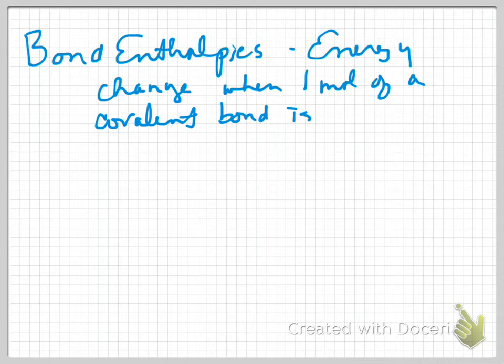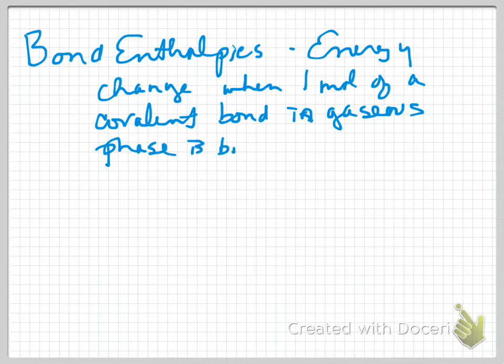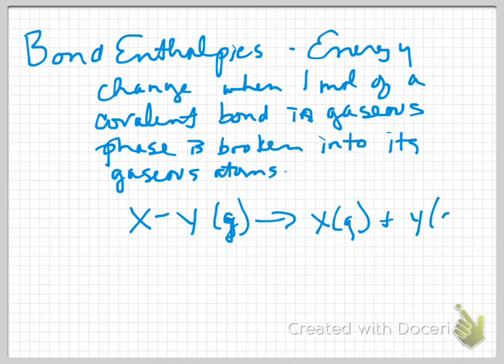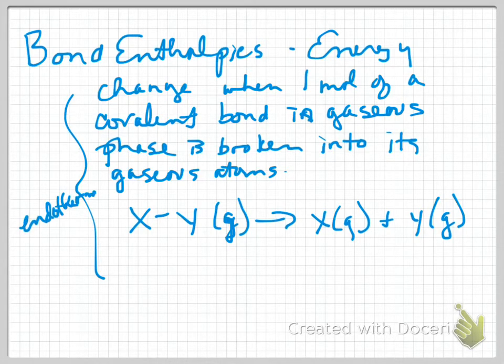Oh, and I need to say covalent bond in the gaseous phase is broken into its gaseous atoms. Okay, if you notice, everything is in the gas phase. So if I have the covalent bond between X and Y in the gas phase going to form X in the gas phase and Y in the gas phase, that would be the definition of bond enthalpy. Remember, these are all going to be endothermic because it always requires energy to break a bond.